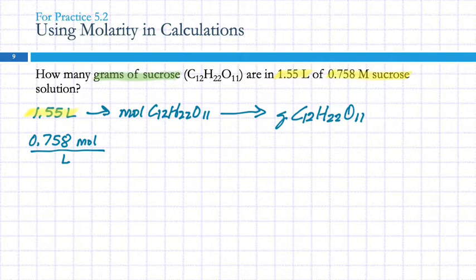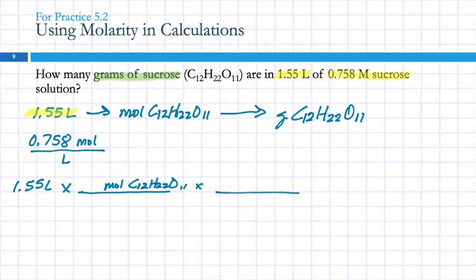So this one has two factors because it has two arrows. 1.55 liters times in a line, and here we want to go to moles of sucrose. And then we want to go to grams of sucrose. So I want to divide by this unit, liters, and then here I want to divide by moles of sucrose.